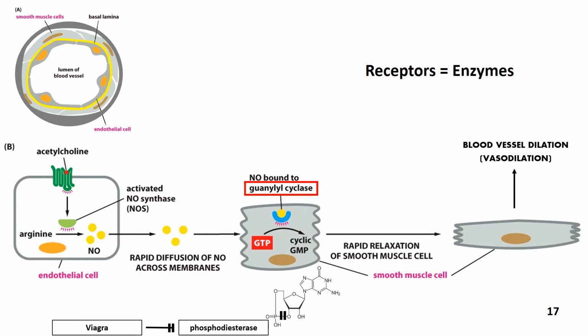Viagra is a pharmaceutical drug that inhibits phosphodiesterase, thereby extending the lifespan of cyclic GMP in the smooth muscle cell and extending the duration that the blood vessel is dilated.